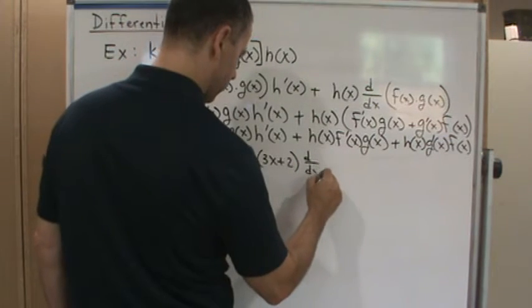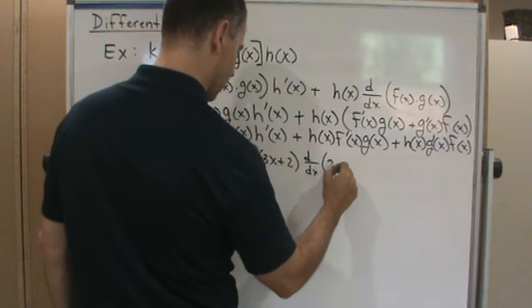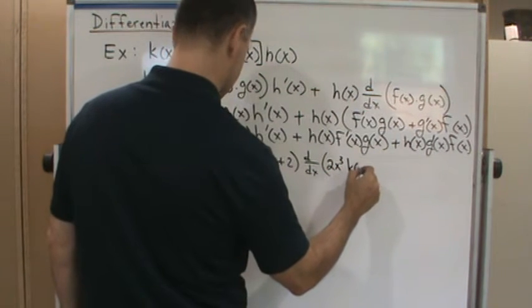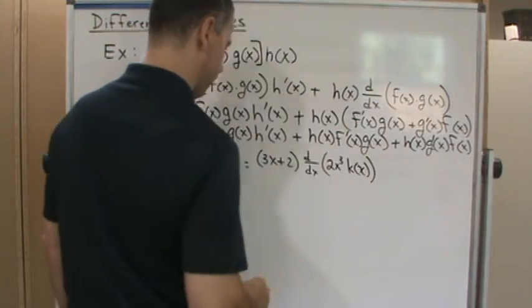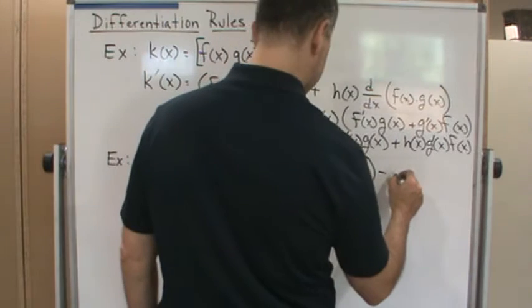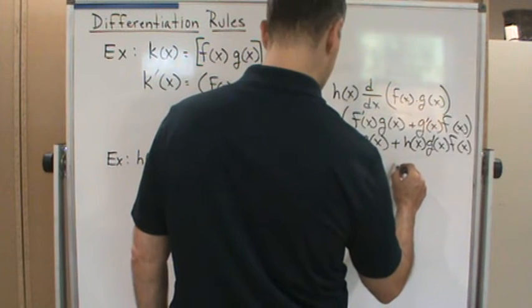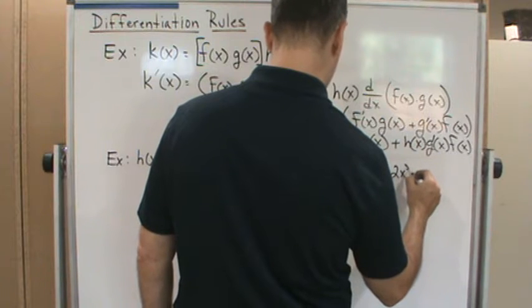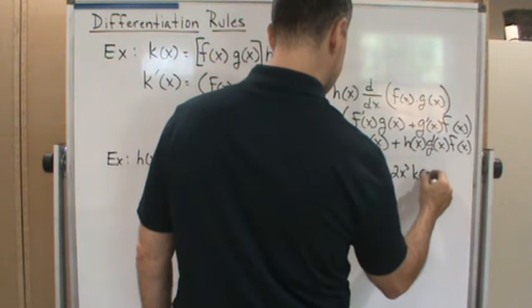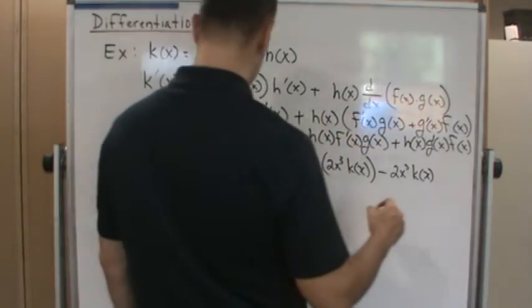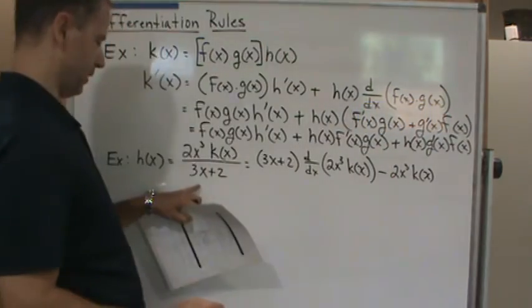So derivative of 2x cubed k of x minus the top, which is 2x cubed times k of x times the derivative of the bottom, which we know that's going to be 3.